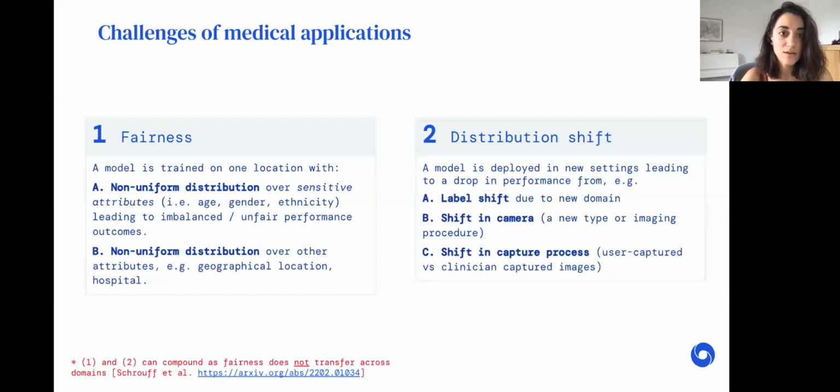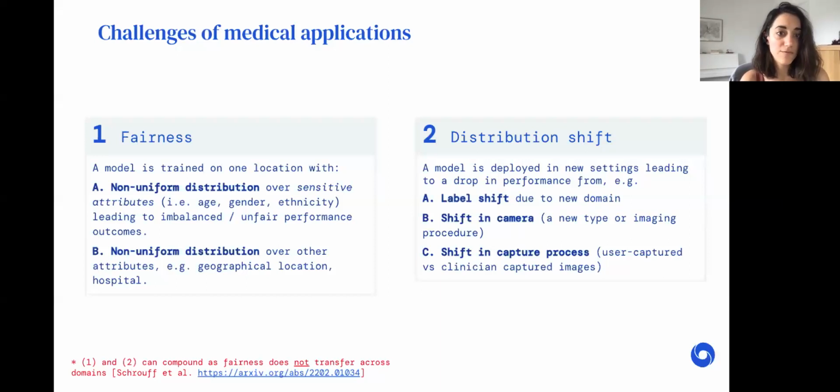And then the second challenge is distribution shift. So this arises when we deploy a model in new settings, which leads to a drop in performance. And this we often observe when there is a performance gap between model development and model deployment. So for example, label shift may arise from deployment in a new geographical location with different demographics, or it may occur due to shifts in the camera or the capture process.